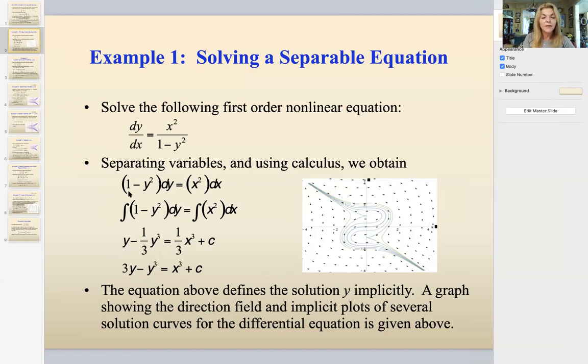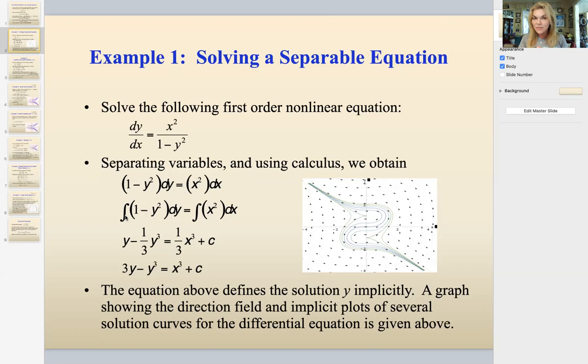On the left, the dx will cancel, so I'll have 1 minus y squared times dy. On the right, the 1 minus y squared cancels, so I get x squared dx. So notice the left-hand side is functions of y only. The right-hand side is functions of x only.